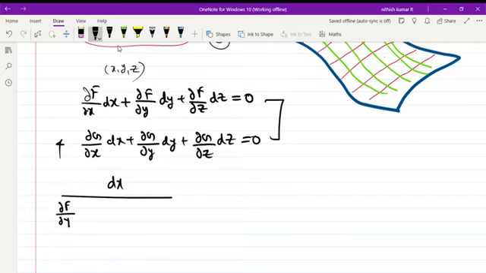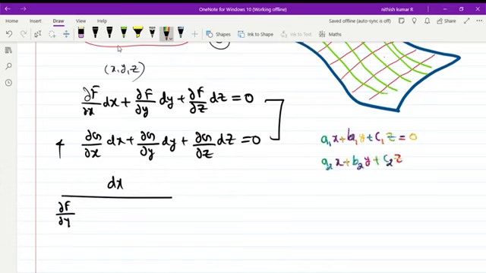How does it work? Okay, so let's write here. Say suppose you have like this, a1x plus b1y plus c1z equal to 0, and a2x plus b2y plus c2z equal to 0.